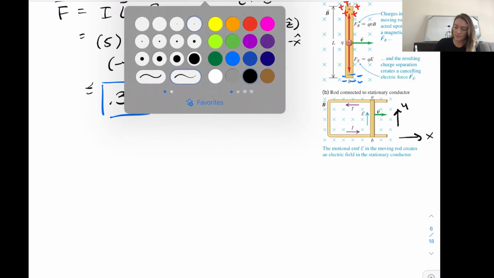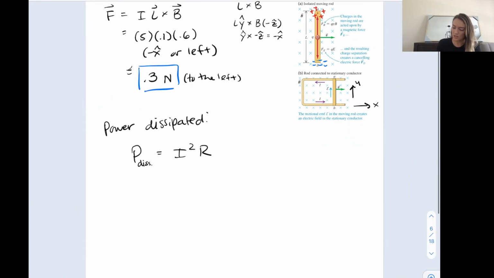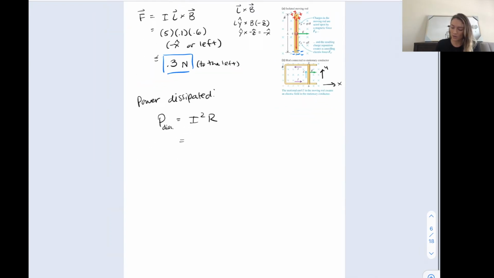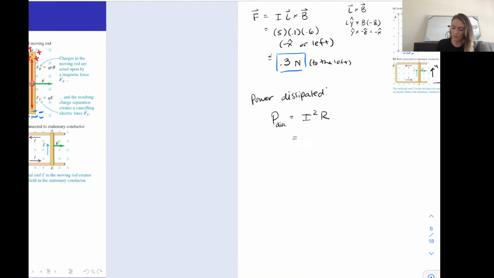If we wanted to find the power dissipated, we could use this equation, which I'll call P dissipated, that we saw in one of our previous chapters. And we know what the current is, right? I don't want to plug in any numbers yet, so let's just use that we found the current was E over R.